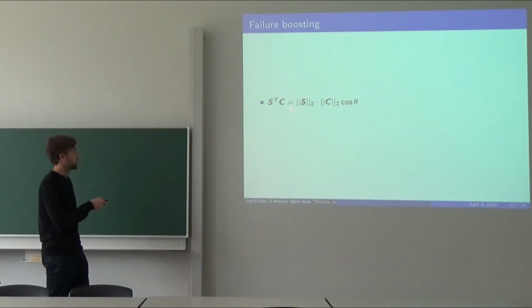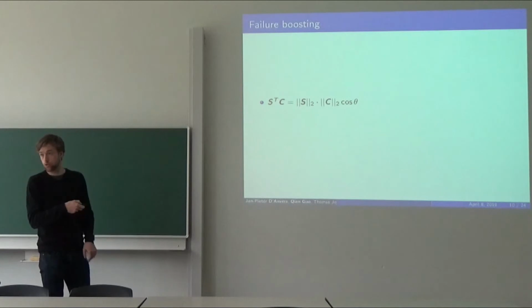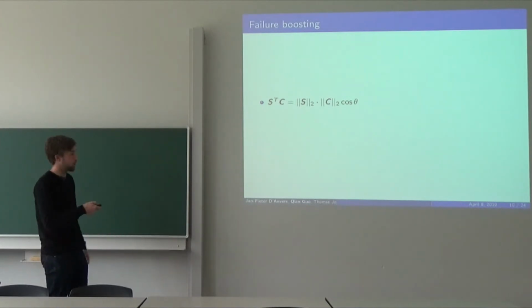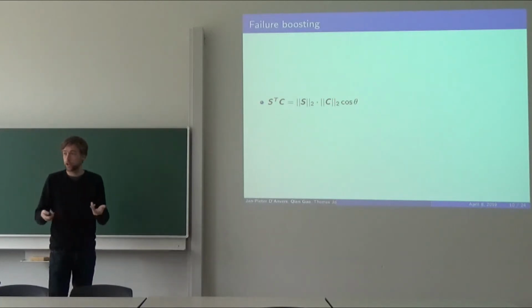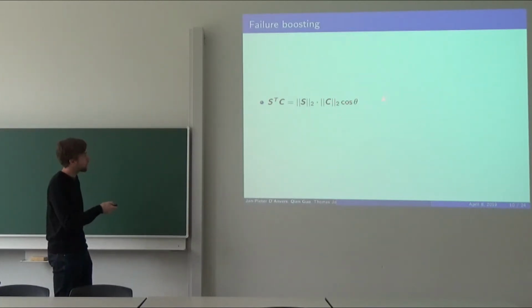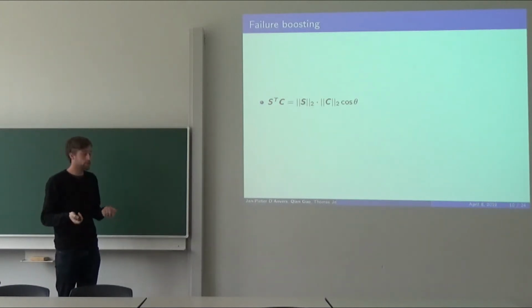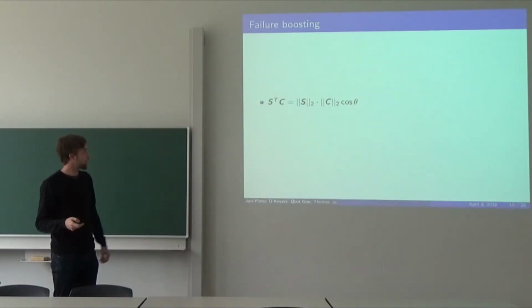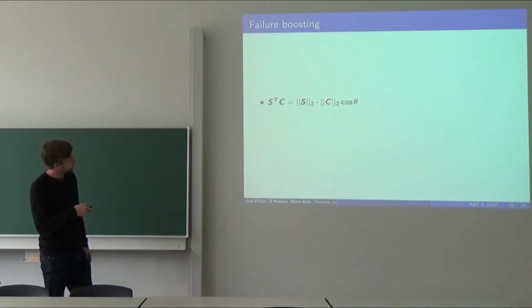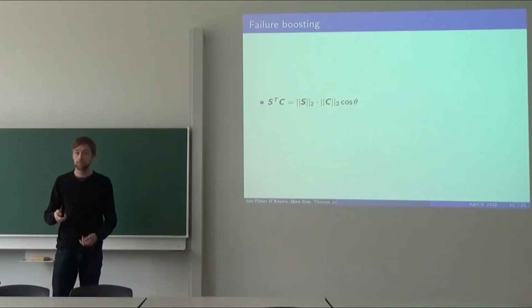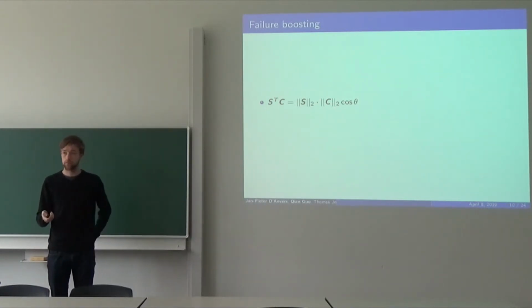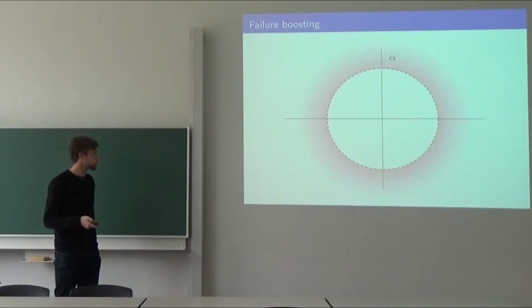Now, the norm of S is something with the secret, has nothing to do with the ciphertext, so we don't know anything about it. The norm of C we actually know. We can calculate it for a given ciphertext. And also this cosine, we don't know anything about it because we don't know the angle of S, so we don't know anything about the angle between S and C. So what we end up with here is that the higher the norm of C, the higher the failure probability. And this is what we're going to use.